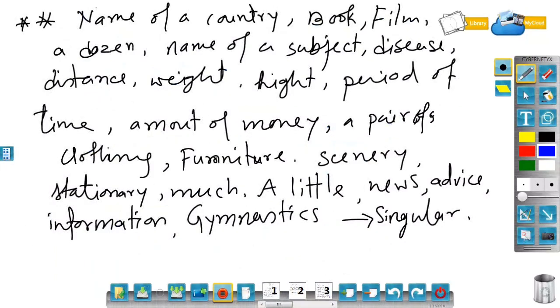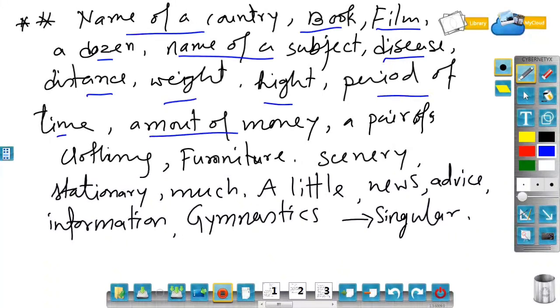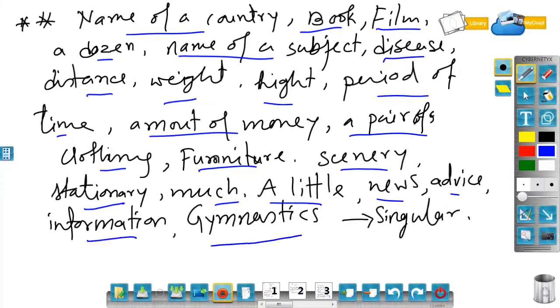Name of a country, any book, any film, a dozen, name of any subject, disease, distance, height, period of time, amount of money, a pair of clothing, furniture, scenery, stationery, much, a little, news, advice, information, gymnastics.